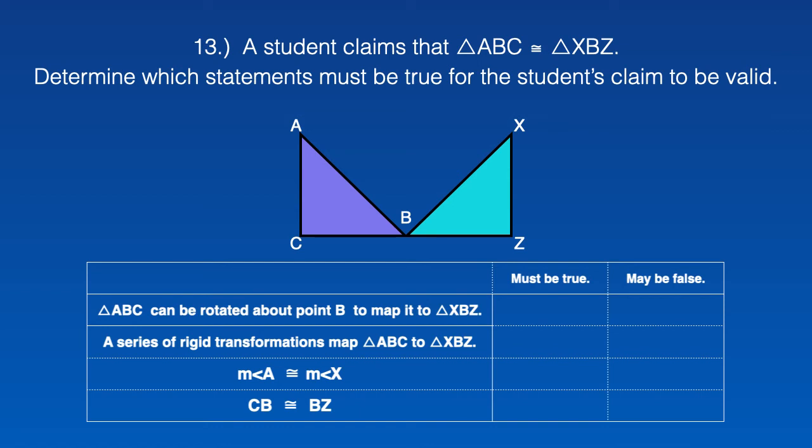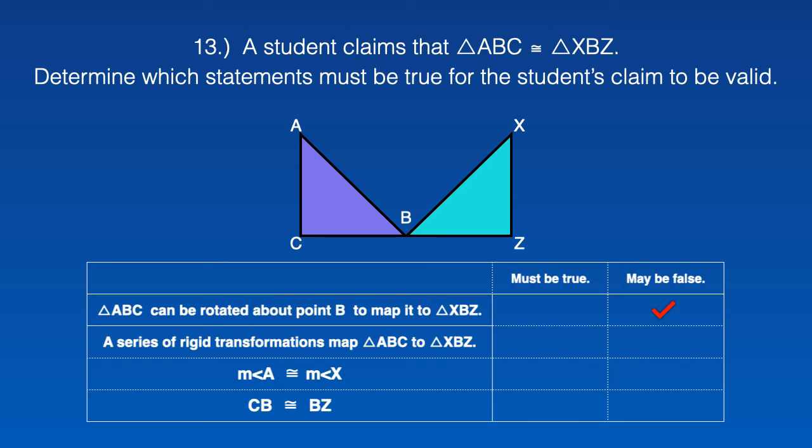If you visualize rotating triangle ABC around point B, there's really no way that you can map it on top of triangle XBZ. So for that answer, I'm putting maybe false.